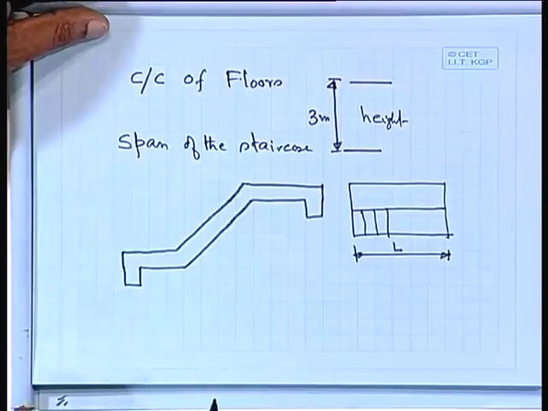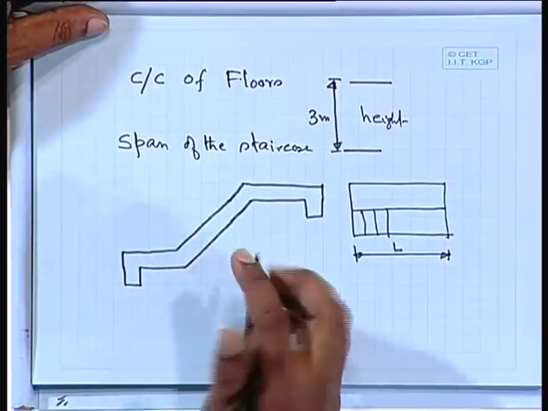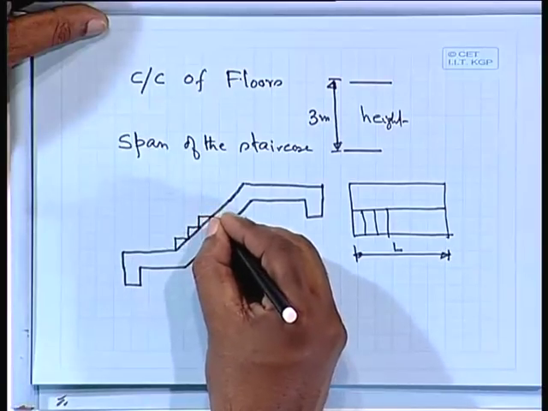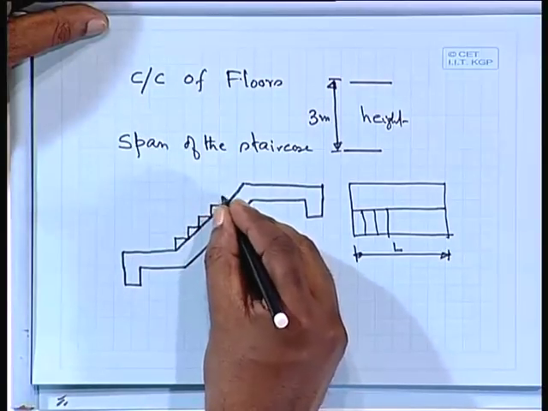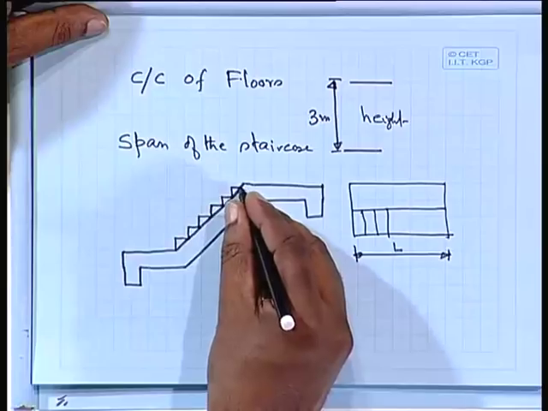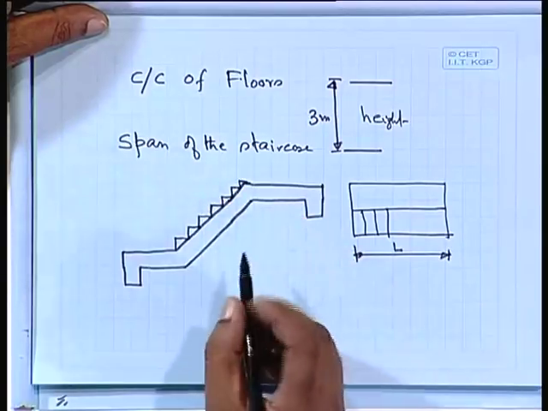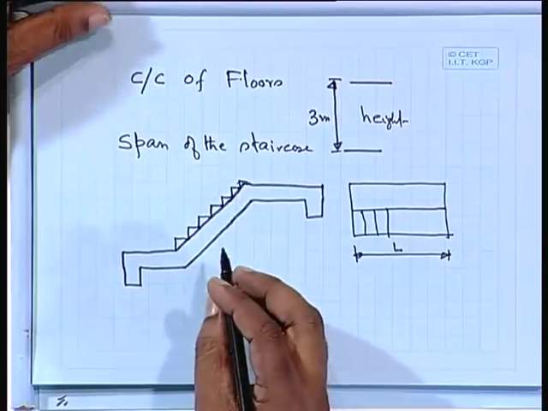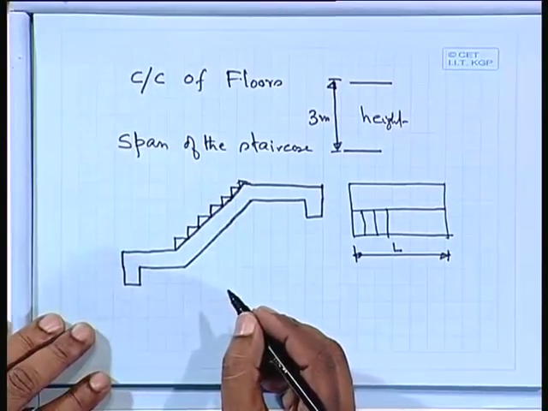This may be one case. So what about this one? Here the steps are here. These steps may be constructed by bricks. So when we have this, we shall take the dead load of these steps. So what about your effective span?